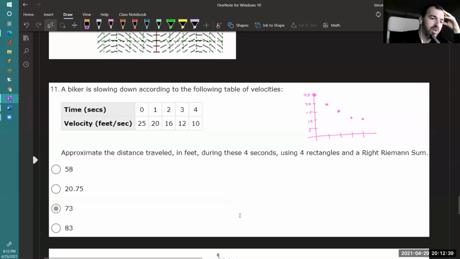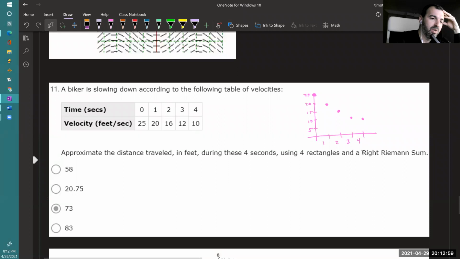Now, I'm doing a right Riemann sum, meaning that I'm going to break this into 4 rectangles. It specifically says 4 rectangles. So I'm going to have 1 rectangle, 2, 3, and 4 rectangles.